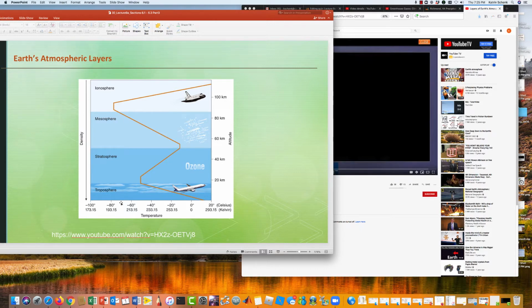Higher elevations are colder. Now, as we go to the stratosphere, which contains ozone, we get a temperature rise, and we're going to explain that in the video. And then in the mesosphere, another temperature drop, and then in the ionosphere, a rise in the temperature. Okay, so let's take a look at the video and keep in mind this little plot as we watch.